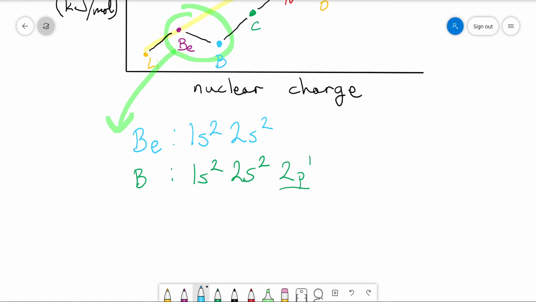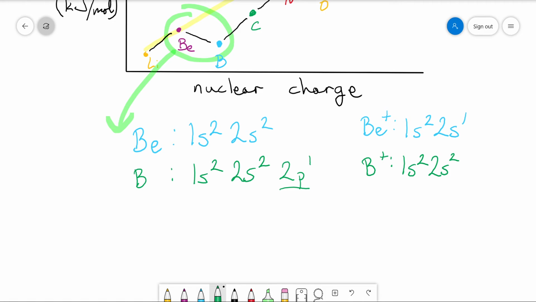And if we go back and we look at the ions, Be plus 1, we see that it is 1s2, 2s1. We removed a 2s electron. And then for boron, same thing, we're just going to remove that valence electron: 1s2, 2s2, and that's it.